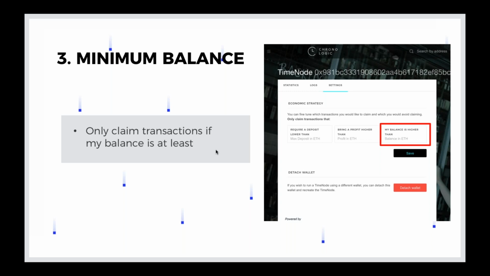I probably wouldn't use it on my time node from the beginning, only maybe after I've accumulated some amount of Ether on it, and then I would try to stop any losses until I transfer it somewhere else. So this can be very useful as well.